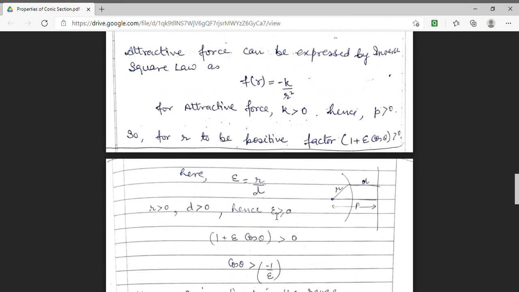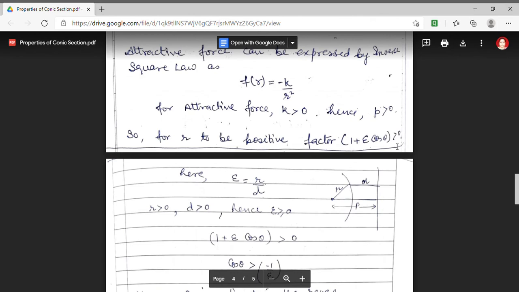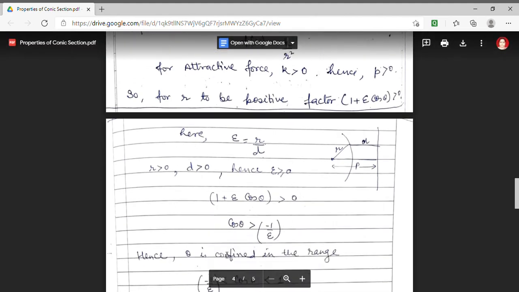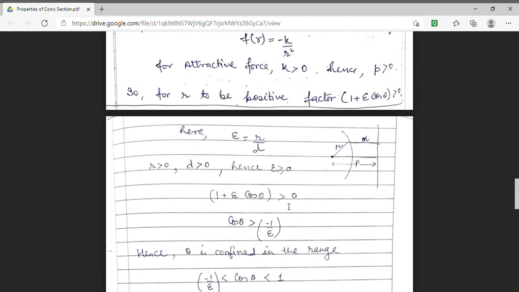Now, here we have 1 plus epsilon cos theta greater than 0. From here, we can determine the range in which cos theta must be confined. Cos theta will be greater than or equal to minus 1 upon epsilon.